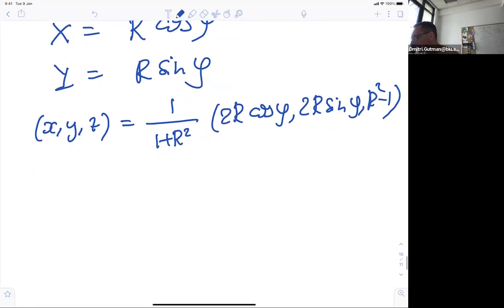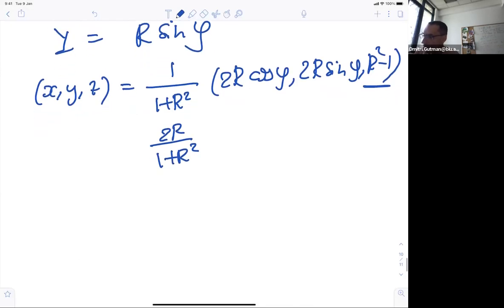Obviously, what this describes is that the z component is a constant, so it describes a circle that goes along the meridian, and it has a radius 2r over 1 plus r squared. So this is obviously a circle drawn at the height r squared minus 1 divided by r squared plus 1.